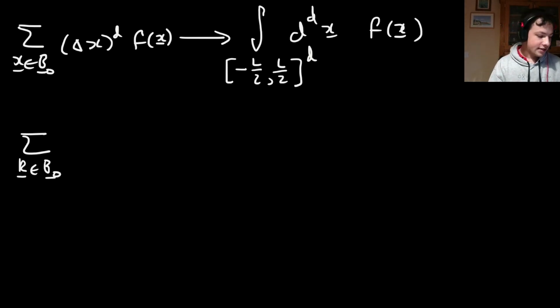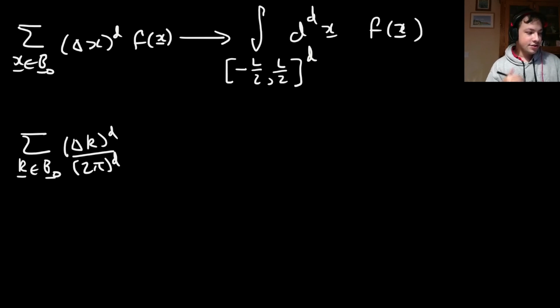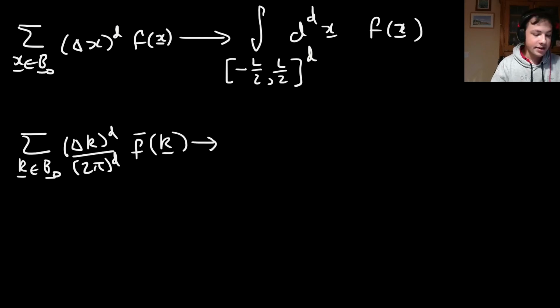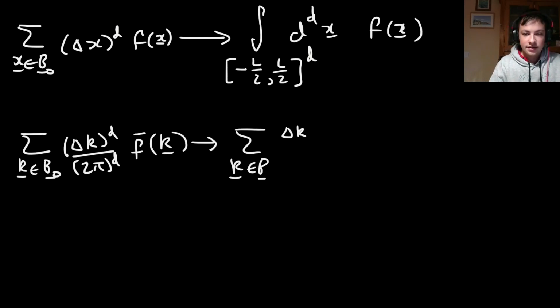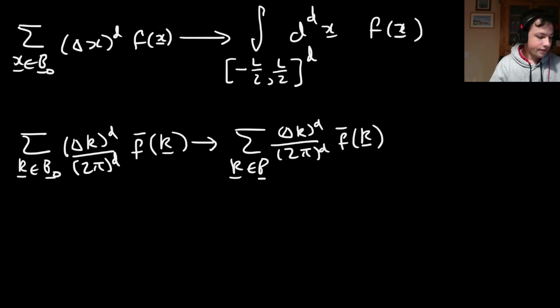And so what we get is a sum of delta k to the d, and I'll include the 2 pi factor as well, since it's just conventional that these two things always appear next to each other, times f bar k. For now that is just going to go to a sum over k over the entire reciprocal lattice, not just b naught: delta k to the d over 2 pi to the d, f bar k.